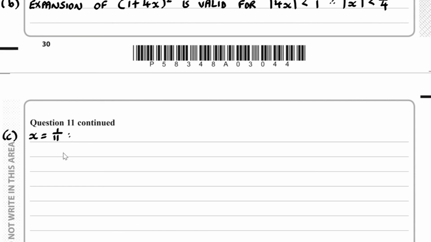And so if I use x equals 1 over 11, using the expansion, I've got 1 plus 4 times by 1 over 11 divided by 1 minus 1 over 11, square rooted.